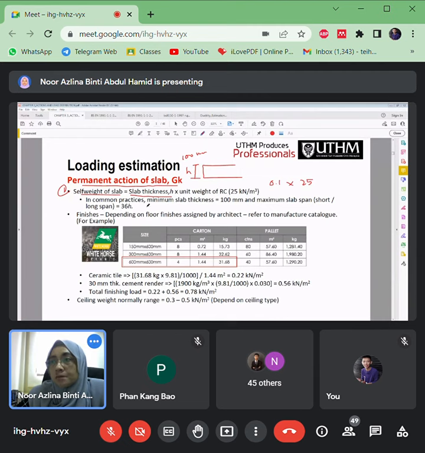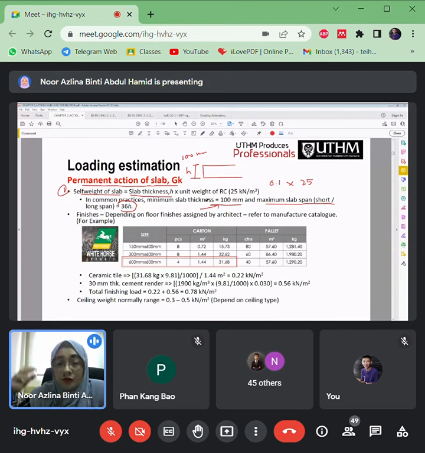So commonly the slab thickness is 100 mm, and the maximum slab span, which is short divided by long span, is 36h. This is the ratio. Actually this is just a guideline, so normally we go for the minimum of 100 mm. Nak less thickness pun tak boleh sebab dalam tu ada reinforcement.